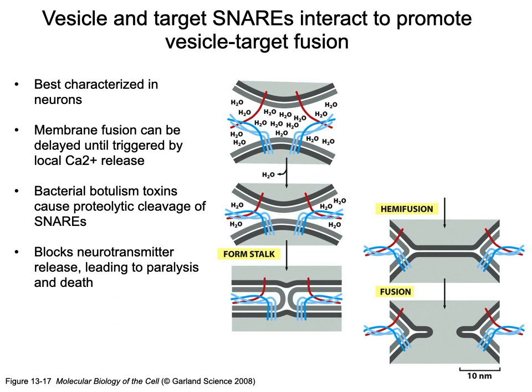Back when I was an undergrad, it was a new hot thing about snares and what these proteins are. They've been looked at largely in neurons, and that's because of the release of neurotransmitters. If you remember back to our chapter 12 lecture when we were talking about the release of neurotransmitters, this is all through vesicle formation, but then deformation, right?